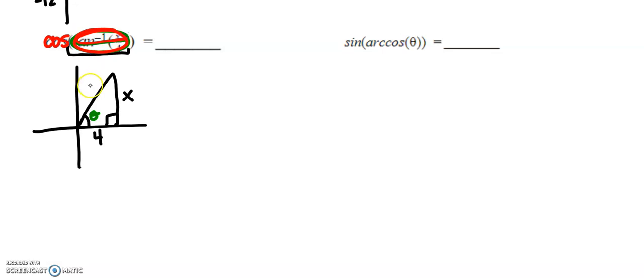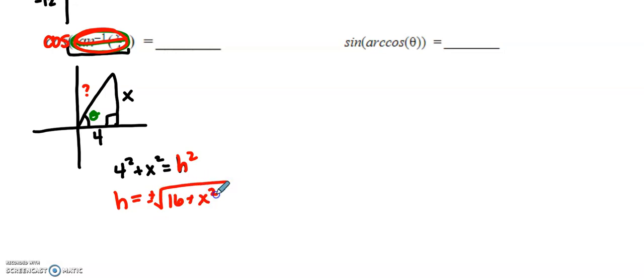Well, in order to find the cosine of theta, I have to find the adjacent over the hypotenuse. So I'm going to do a little Pythagorean theorem action. 4 squared plus x squared equals hypotenuse squared, which means that my mystery side, my hypotenuse, is equal to plus or minus the square root of 16 plus x squared.